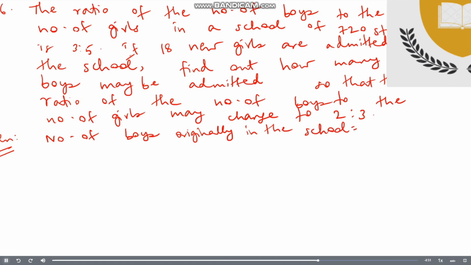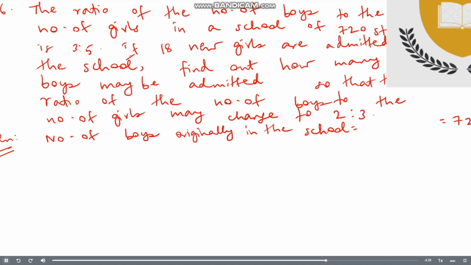Now the total number of students is 720. Of these, 3:5 is the ratio of the number of boys to the number of girls. So if you want to calculate one particular component, you have to say 3 by 8 into 720. That will give you the number of boys.